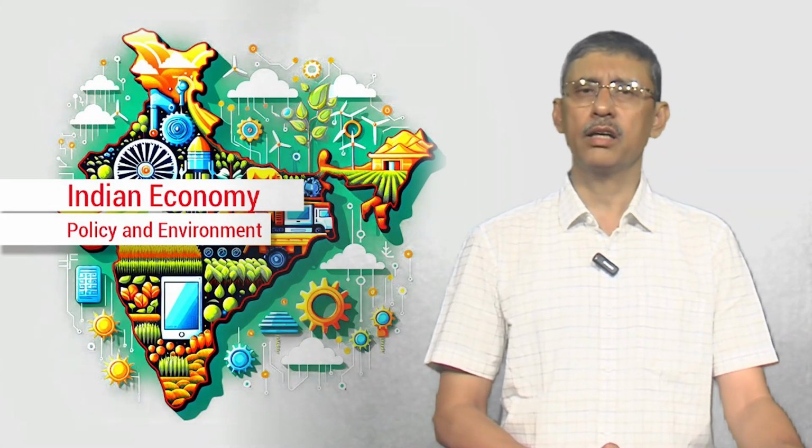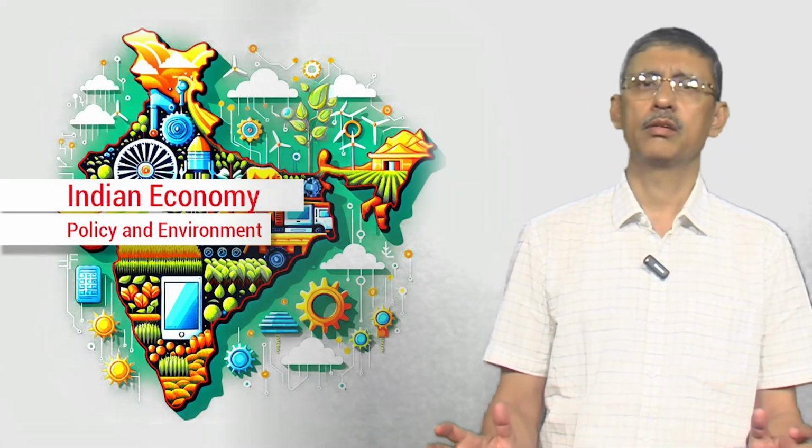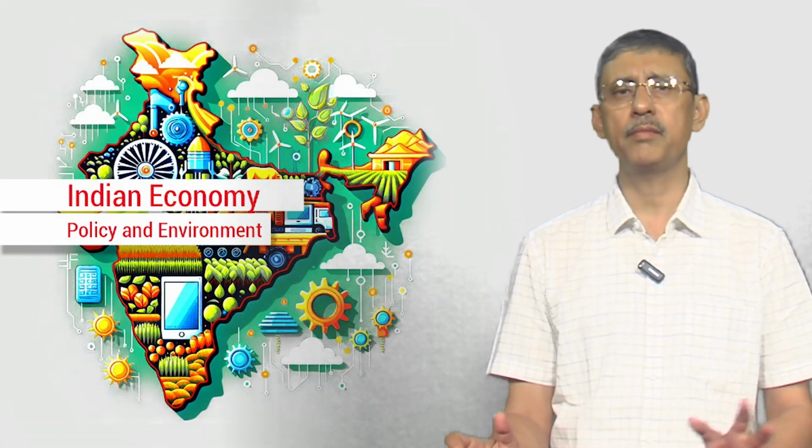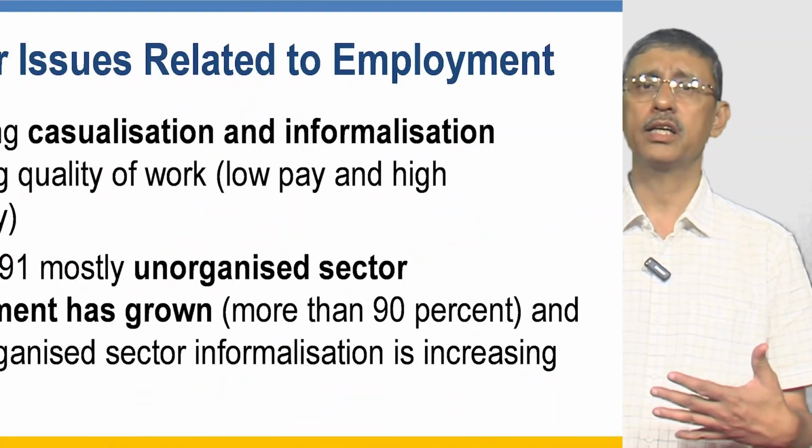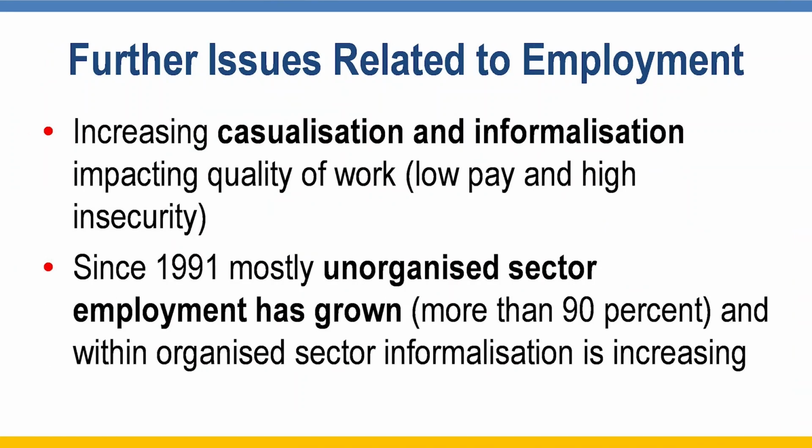Not only was employment not growing, but we have also seen during the same period an increasing casualization and informalization affecting the quality of work. When you have huge casualization and informalization, the quality of work suffers. That is indicated by low pay and high insecurity. And that kind of work has proliferated during the entire period of reform.